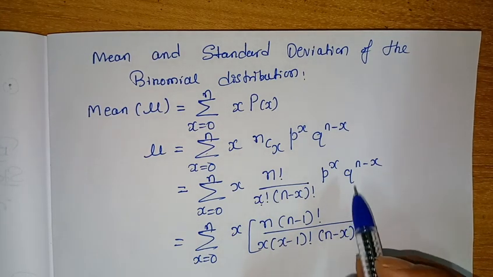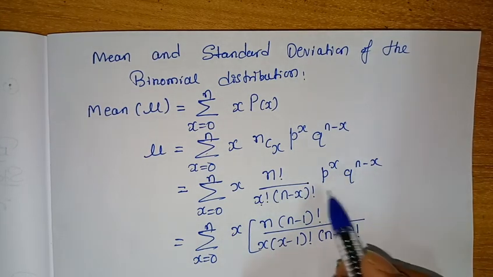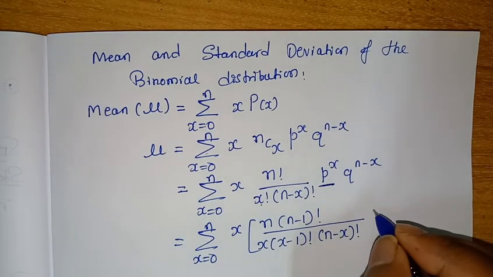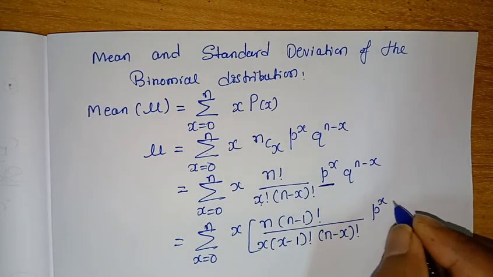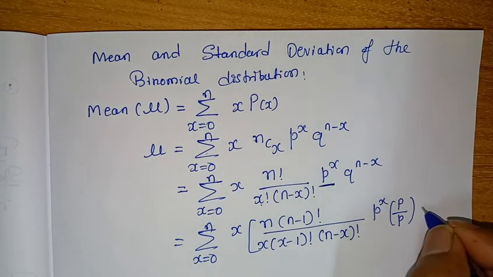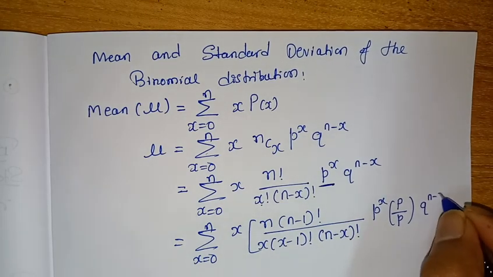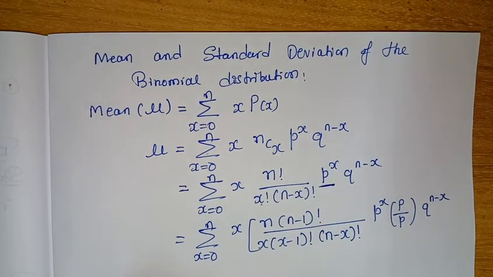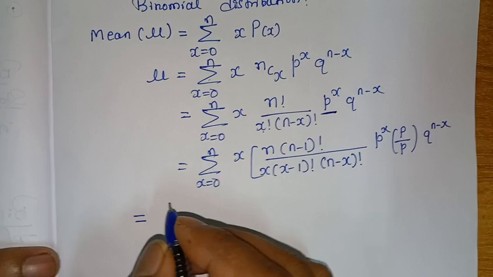And one more thing I'll do here: for this p term, p power x, I'll multiply and divide by p, and q power n minus x I'll keep as it is. Now what happens if we simplify this further?